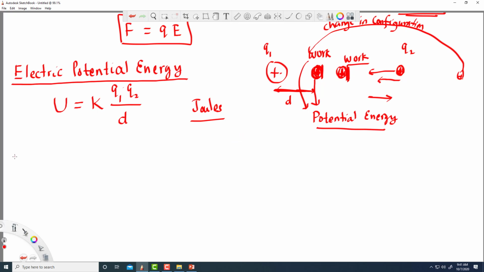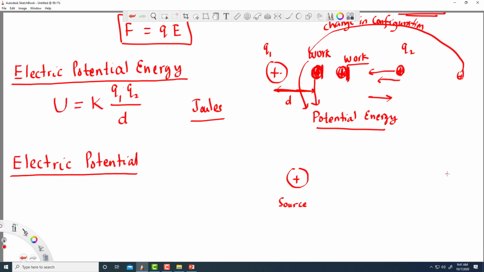Now there is another term which we often use in physics more than electric potential energy, called electric potential. So electric potential is, let's say I have a source charge.